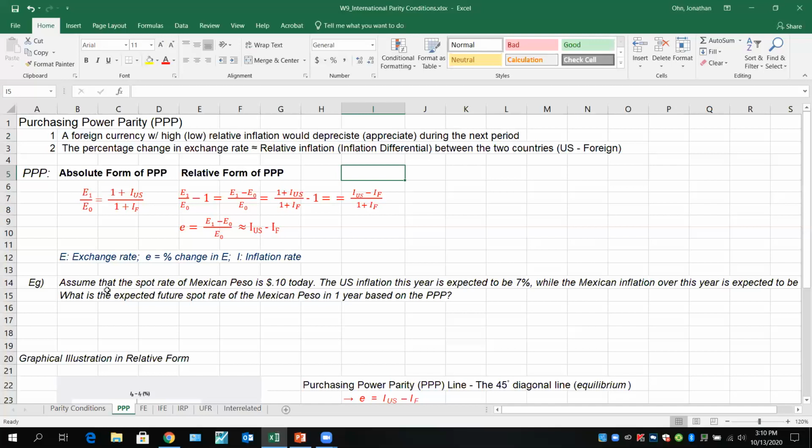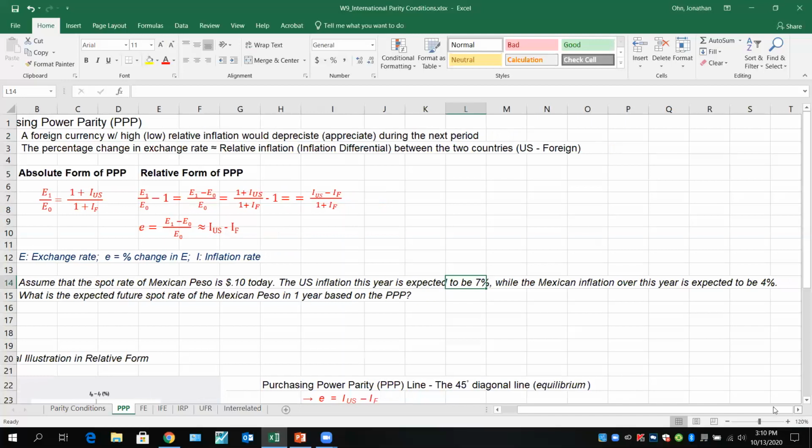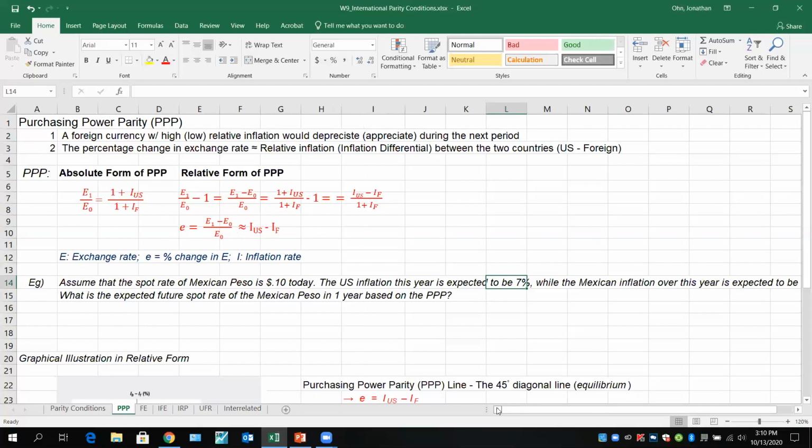Now, let's apply that to an actual question. Assume that the spot rate of the Mexican peso is 10 cents today. The US inflation this year is expected to be 7%, and the Mexican inflation is expected to be 4%. What is your expected future spot rate of the Mexican peso in one year based on PPP?